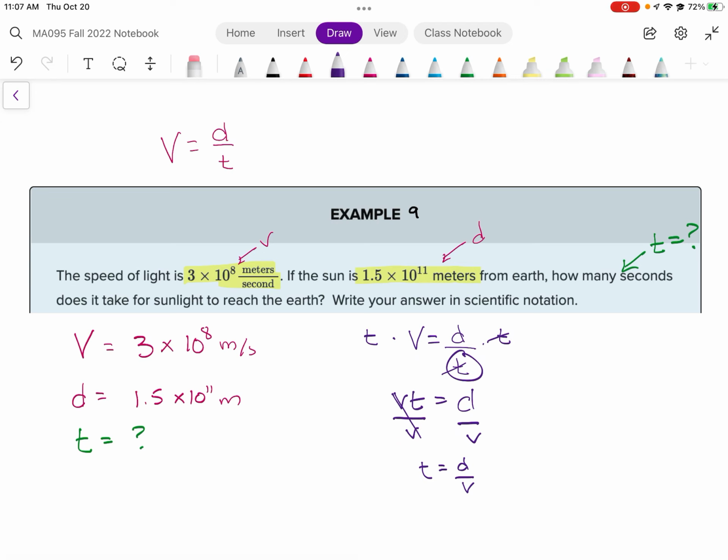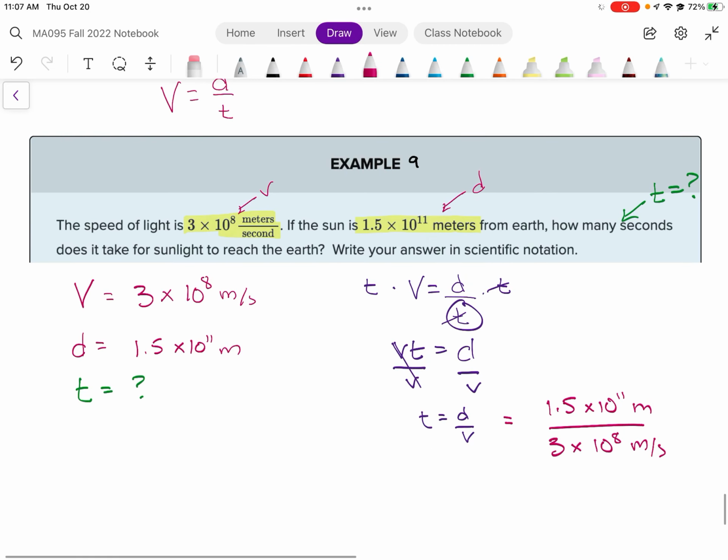All right, so now I'm going to plug in my distance, which is 1.5 times 10 to the 11 meters, over my velocity, which is 3 times 10 to the 8 meters per second. And the meters are going to cancel out, and I get per second, so seconds come to the top. But just look at the units and think, well, what is time going to be? If we've got seconds in one of them, it's going to be seconds.